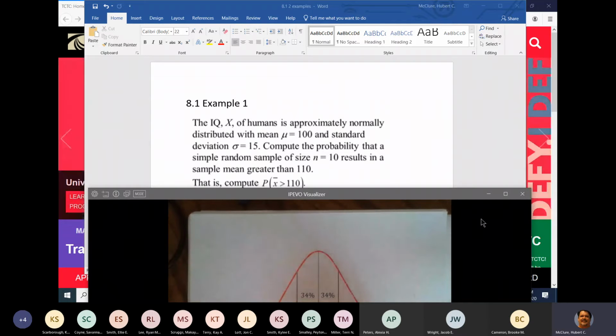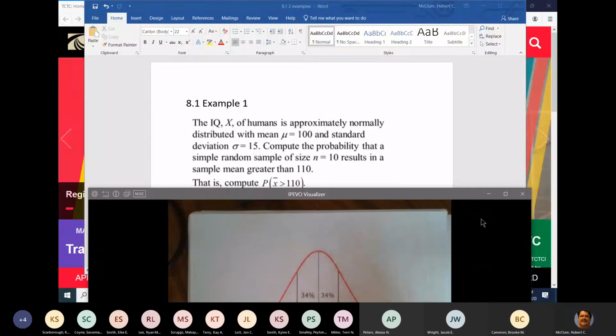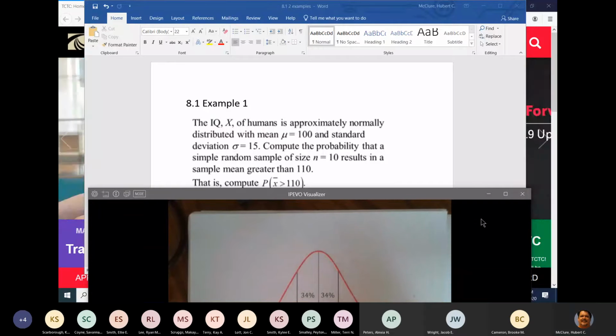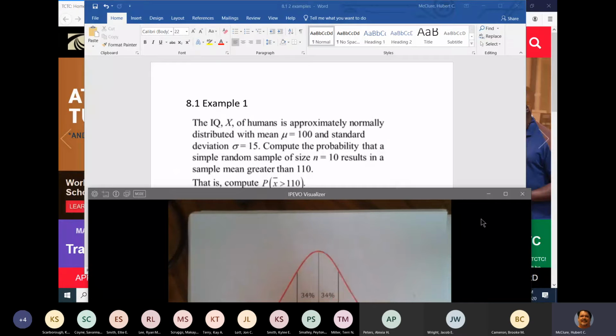115. So that's 100. That's 115. That's 130. That's 145. Make sure I added right. And then on the left side, that's 85, 70, and 55.